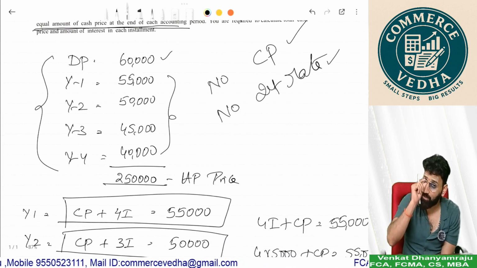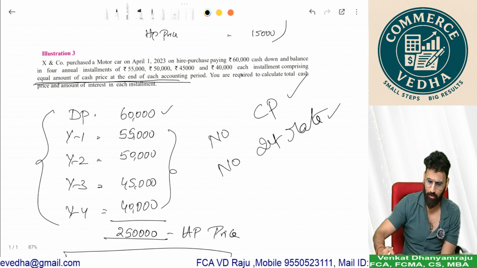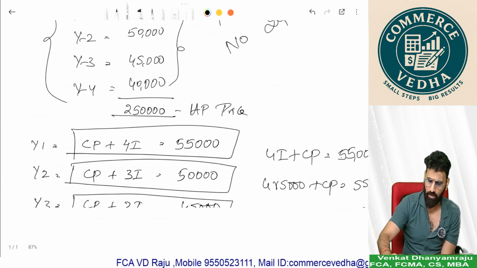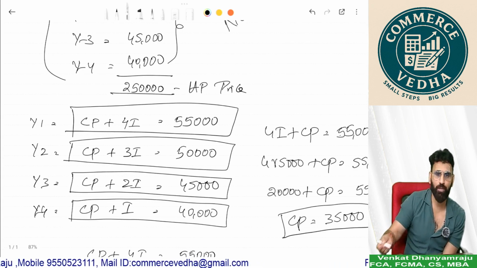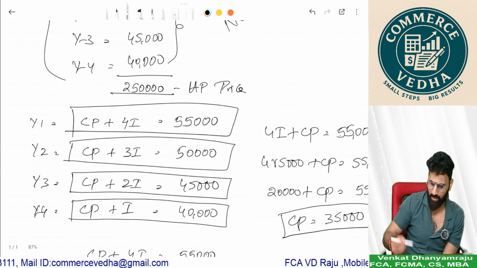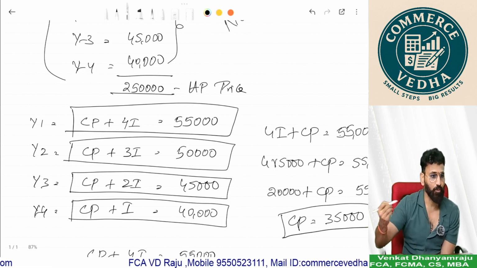Here CP is constant. They said equal amount of cash price. So what I took is CP plus 4 into interest, CP plus 3 into interest, CP plus 2 into interest, CP plus 1 into interest.